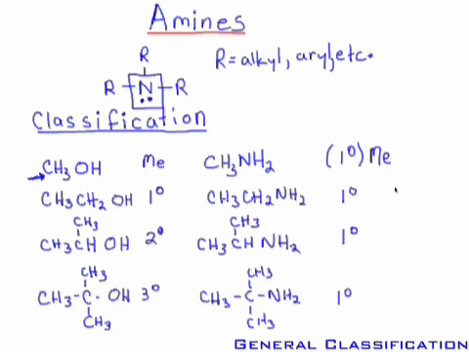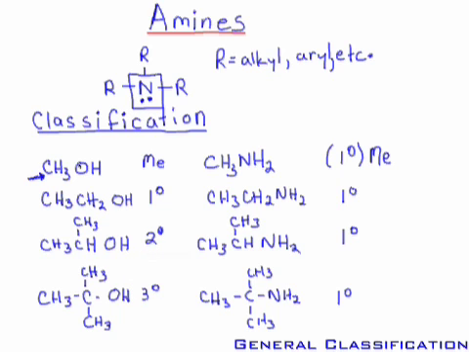And that's consistent. But you notice the difference. All of these amines are designated primary, where in the alcohol case they were all different. So you need to be aware of this different methodology of classification.